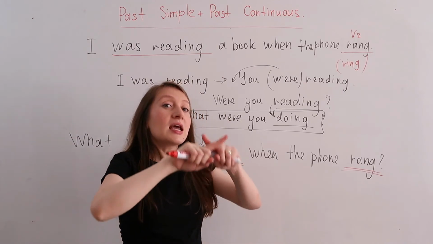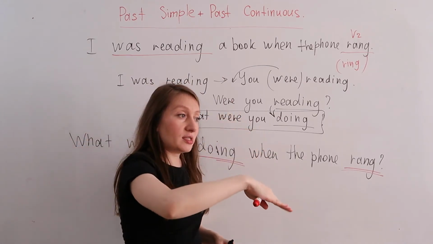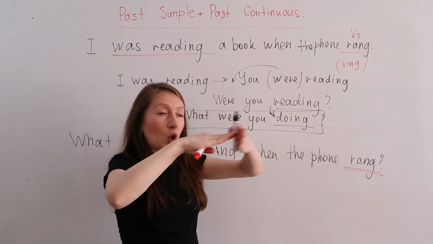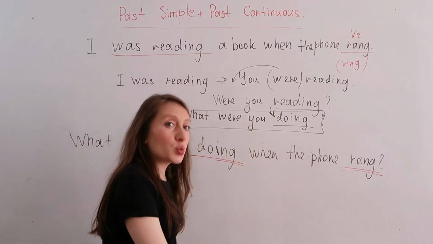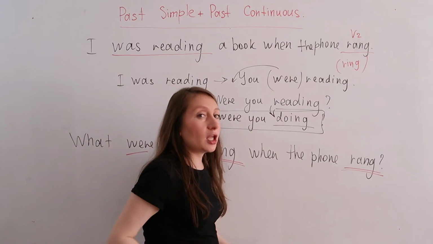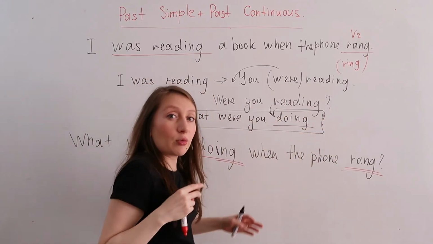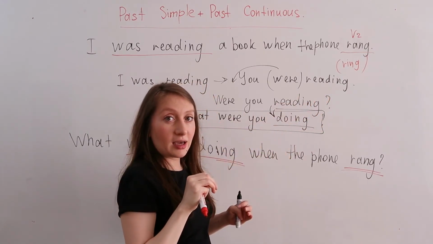Two actions in one sentence. One of them is process, one of them is interruption. Short, quick action, right? And it stops the process. I was walking in the street when I saw my friend. So I was walking and then I saw very quickly, right?